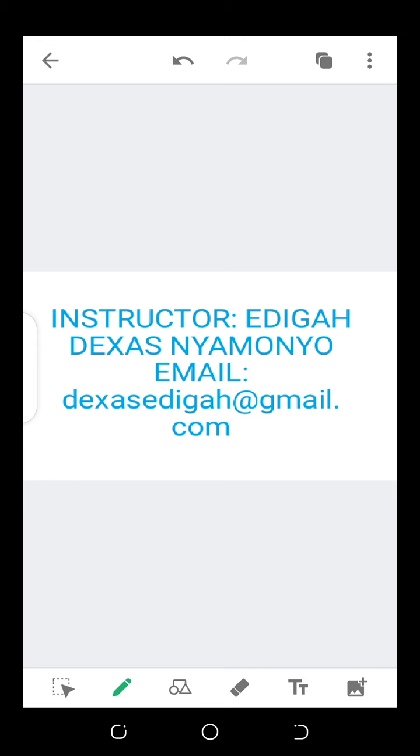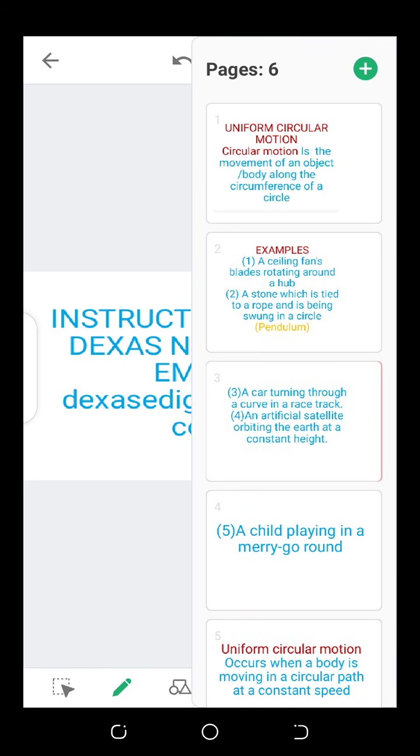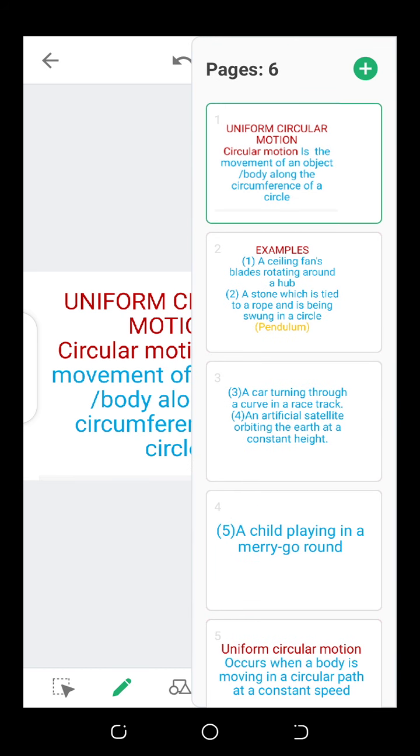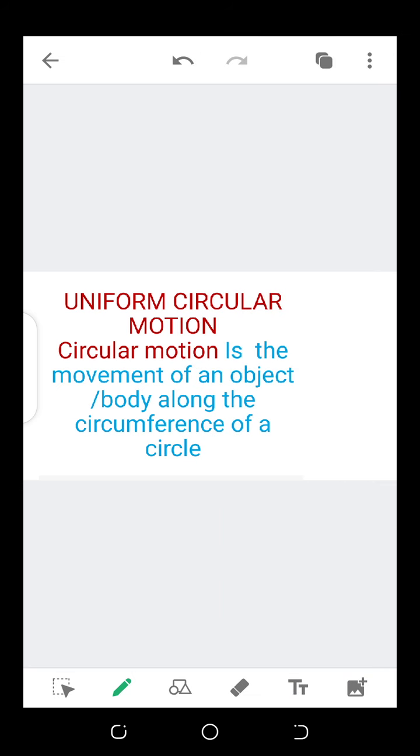Now, circular motion is a combination of two terms: circular and motion. Circular comes from the word circle, something that is round, and motion comes from the verb move.